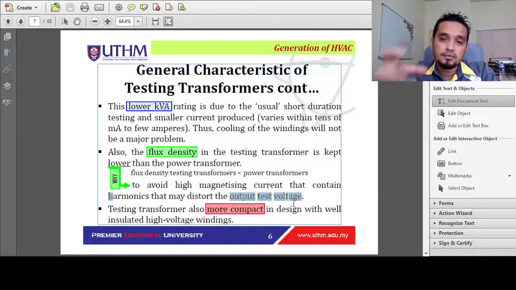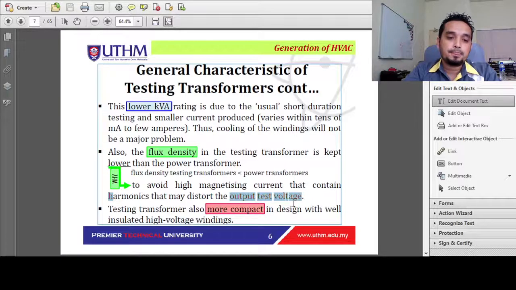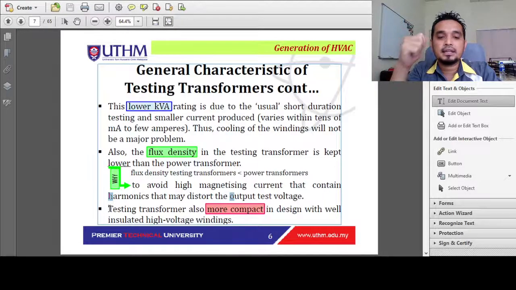We want to perform the experiment, and if the harmonic distortion is too high, we are unable to capture the testing output accurately. That's why, for the same voltage rating, a testing transformer will have a much more compact design compared to the power transformer.